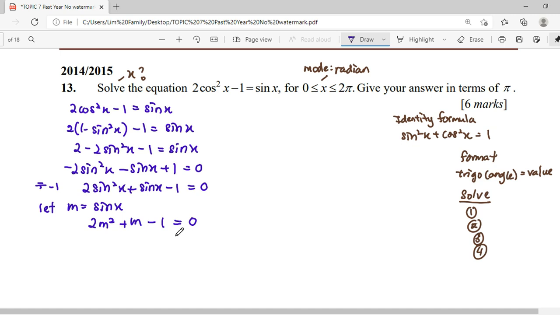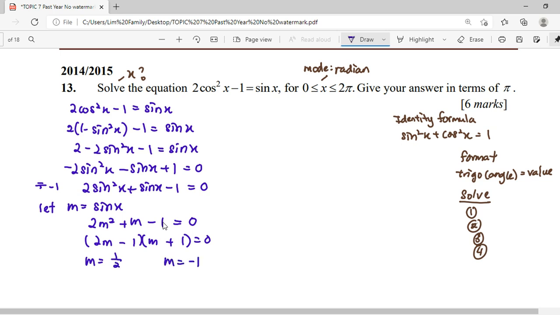So we can do our factorize, then we can get our value already. So factorize this quadratic. It will be 2m minus 1 and m plus 1, so we get m equals to 1 over 2, that is our value, and the other m is negative 1.